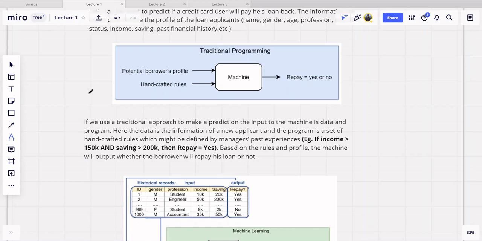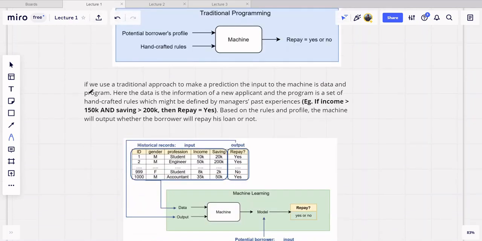But what if we have 1,000 data points about each user, including his name, age, gender, profession? In the previous situation, we had only two data points: the income of each user and his saving. But let's say we had 1,000 data points.